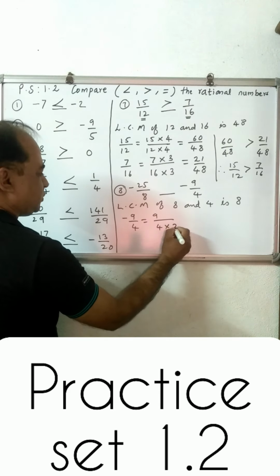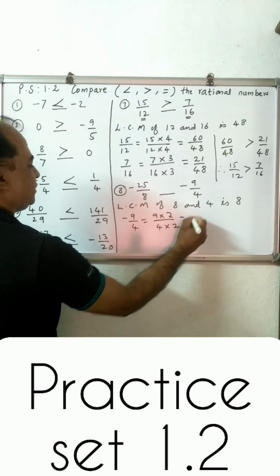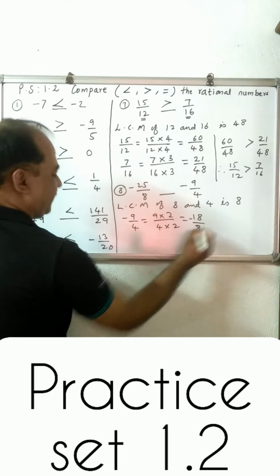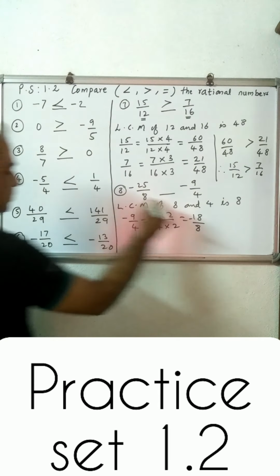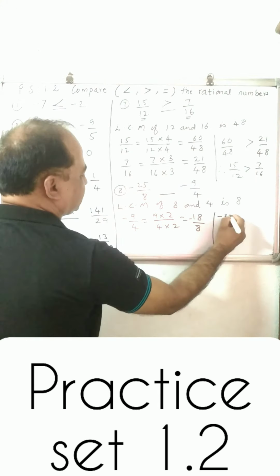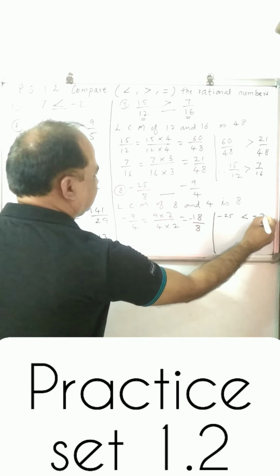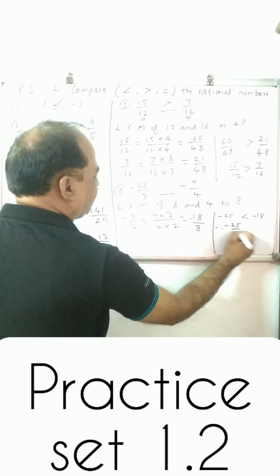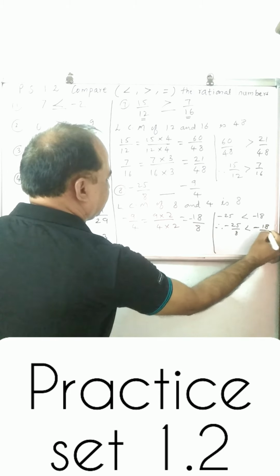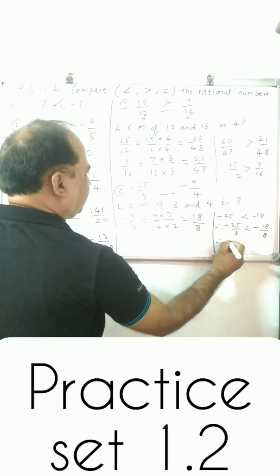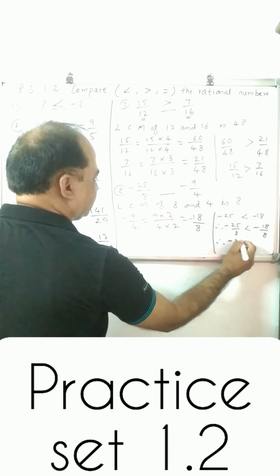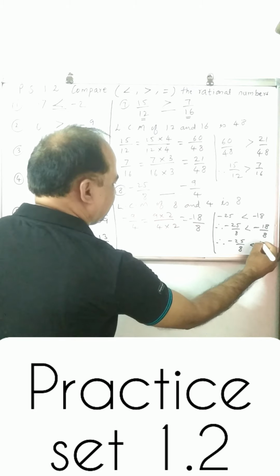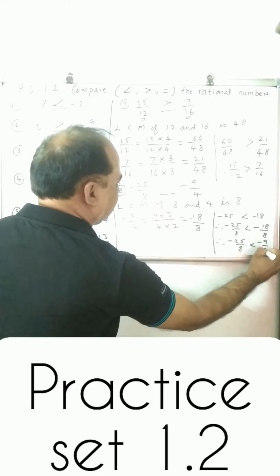So that is 2, 4 twos are 8. So you will get minus 18 upon 8. Now here minus 25 is less than minus 18, therefore minus 25 upon 8 is less than minus 18 upon 8, therefore minus 25 upon 8 is less than minus 9 upon 4.